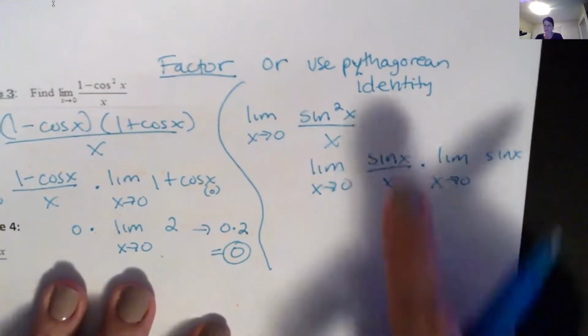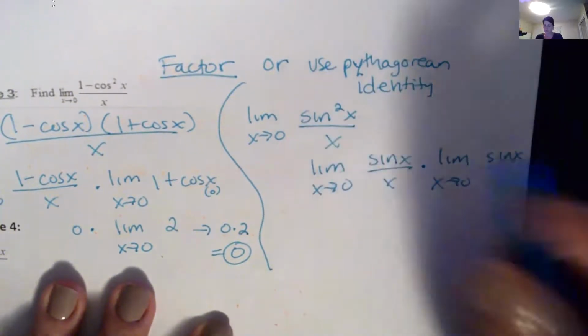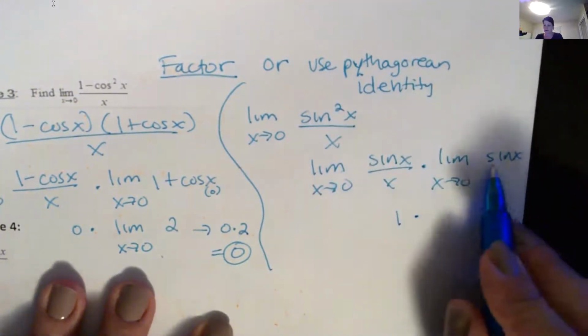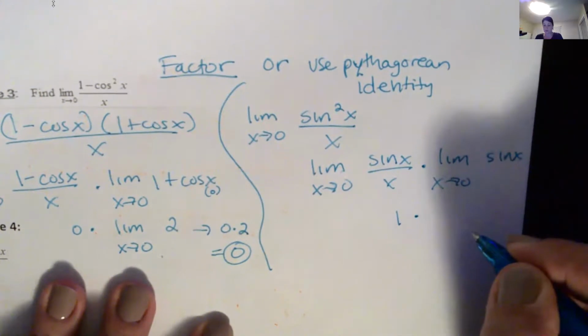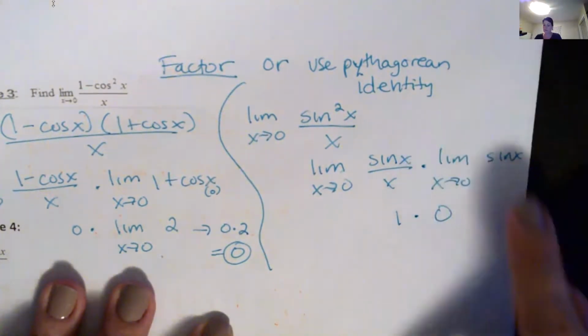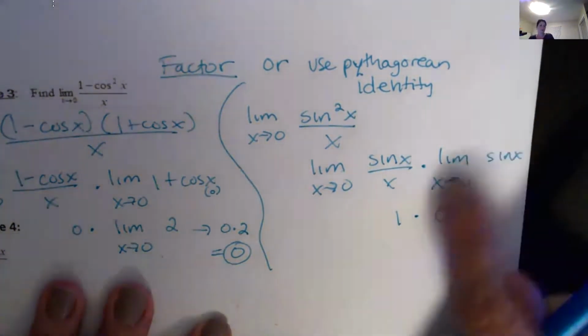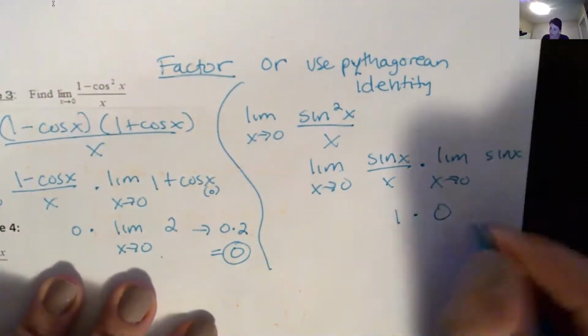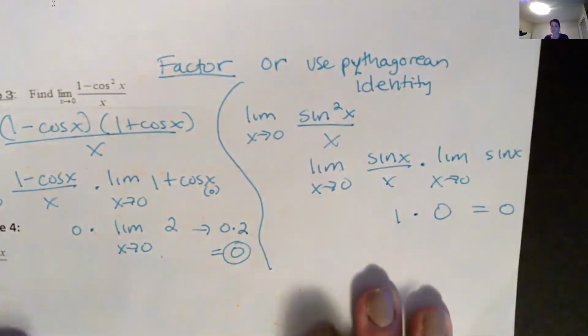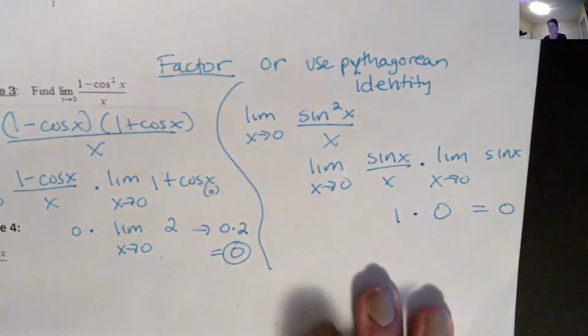Okay. This is 1, but sine of 0 is 0, meaning the limit of 0 as we approach 0 is going to be 0. 1 times 0, 0. Okay.